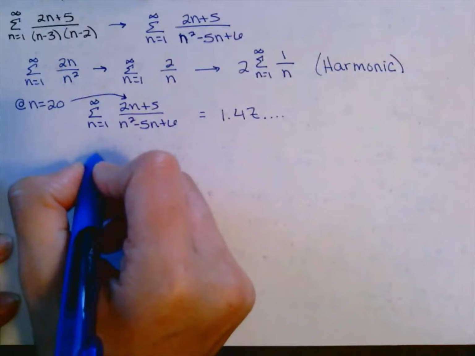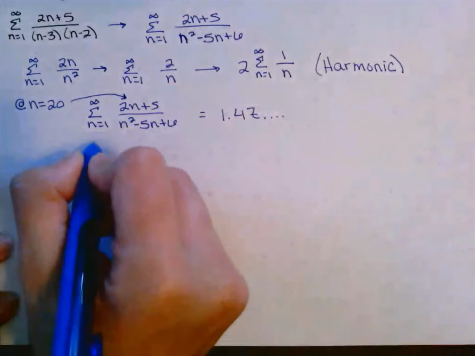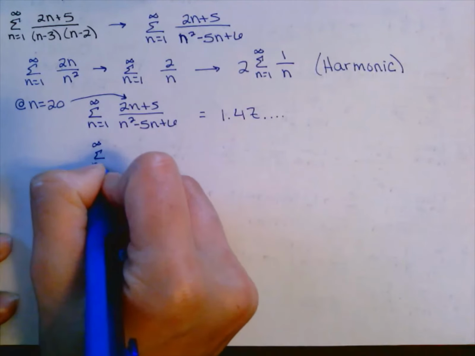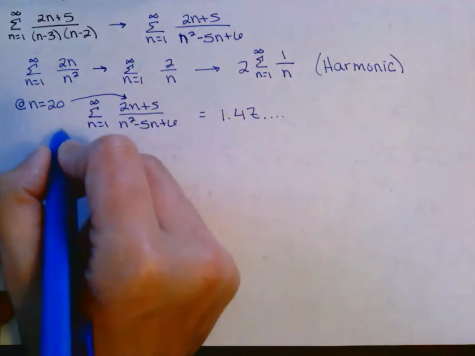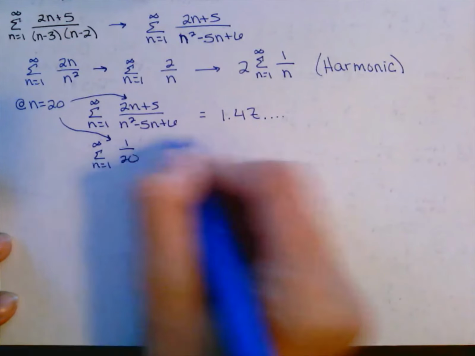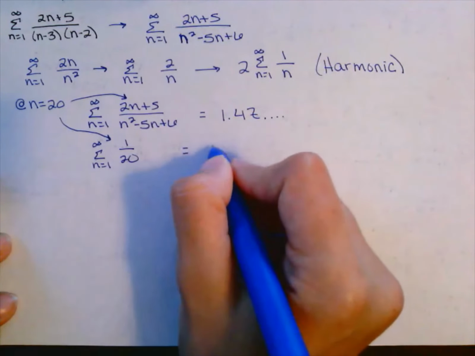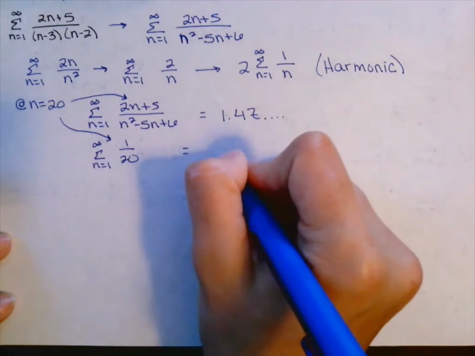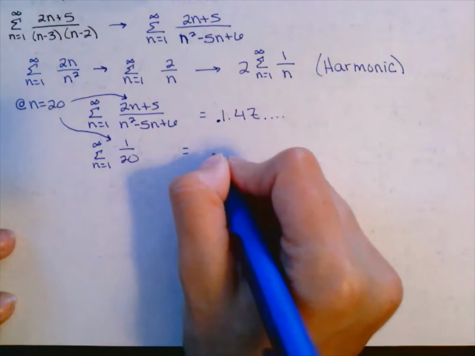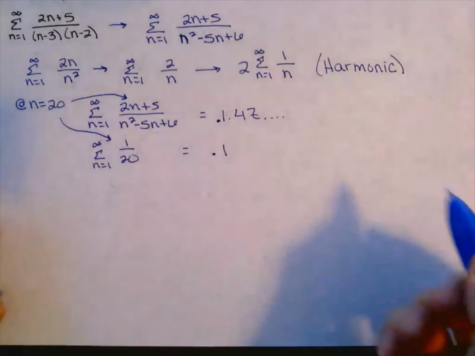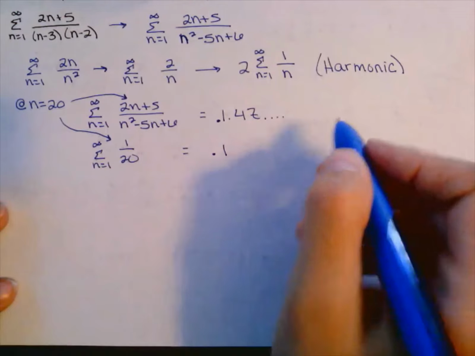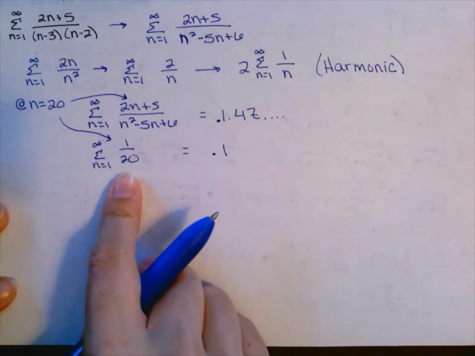Okay, and now if we're checking this harmonic series, and again, we're not solving the series here. We're just checking what it would be at 20 to see who's bigger. This gives us, I'm sorry, I put the decimal in the wrong spot here. This is 1.47. This one gives me 0.1, okay? So we can say that the original is bigger than the one that I'm testing.